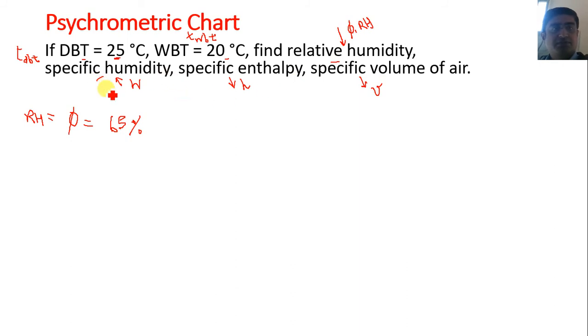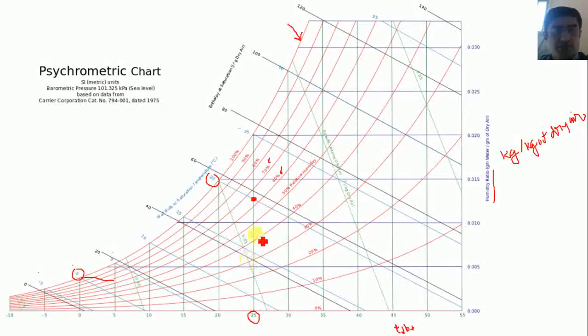And also if you want to find out the value of specific humidity W, then first of all we have to draw a horizontal line from this point. So here is the intersecting point. Here the value is 0.010, and here the value is 0.015.